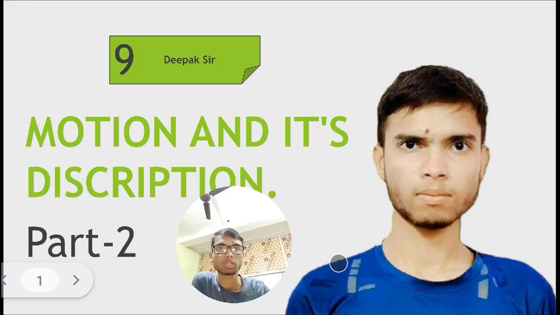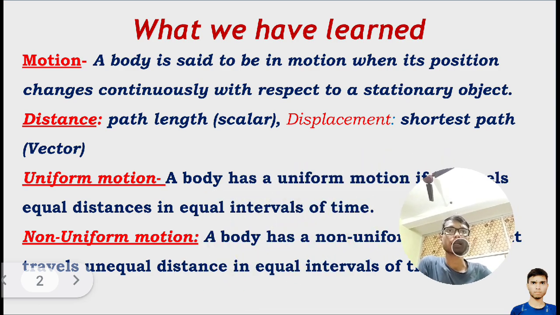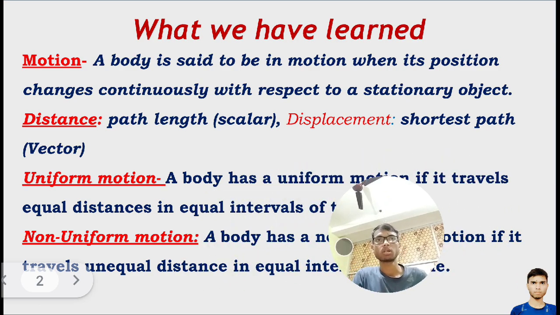Now we are going to start, because I am not here to waste your time. So let's start from this slide, which is about what we have learned. It is telling you that in part 1 we learned what motion is, distance, displacement, uniform motion and non-uniform motion.